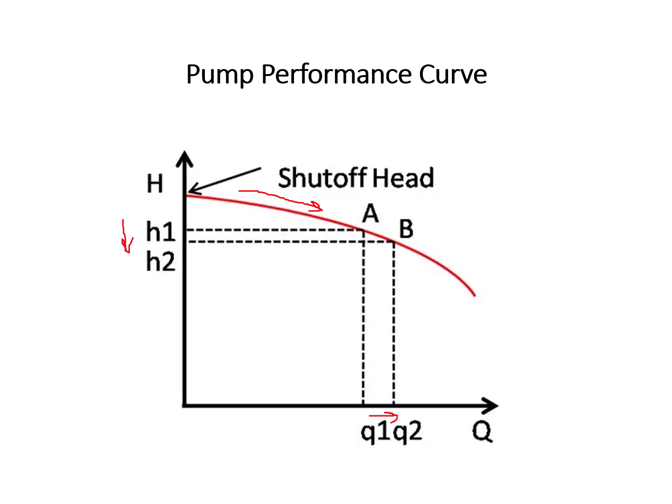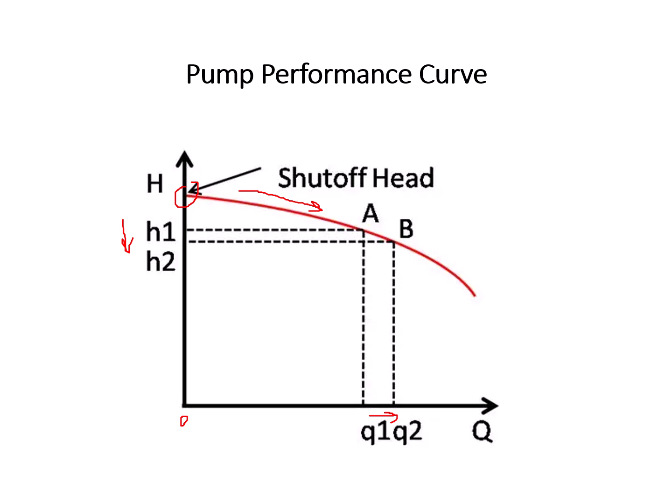Some important point we need to clarify on this diagram is the shut-off head. This is the shut-off head. It is the maximum head at zero flow. As you can see, it is the maximum head at zero flow. And we get this head by closing a valve.